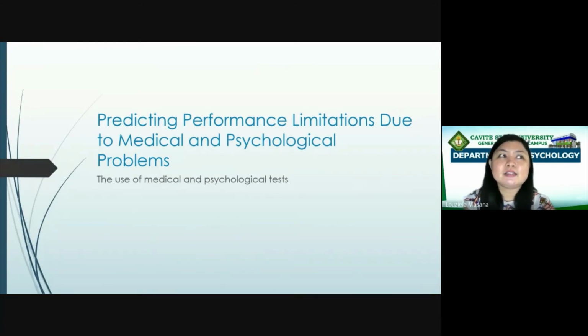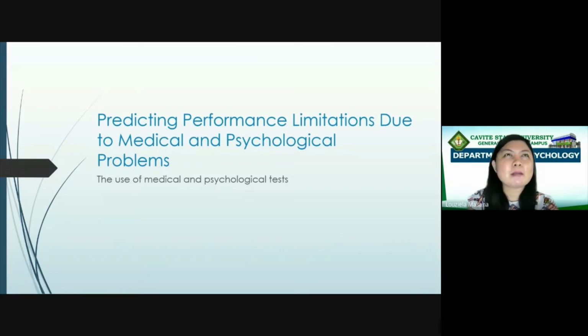Yes. Medical, halimbawa ay sakitin, tapos ang trabaho ay require physical effort. Of course, you can foresee na hindi niya magagampanan ng maayos ang kanyang trabaho kasi meron siyang medical issues or concern.